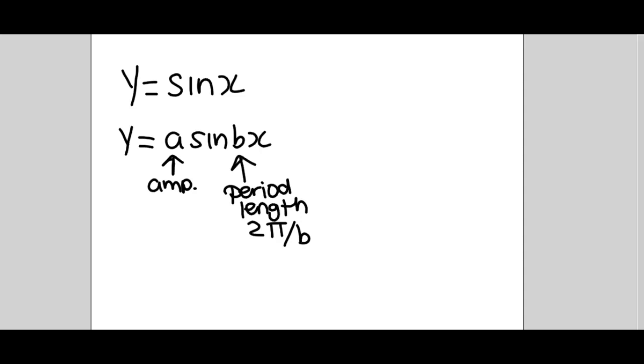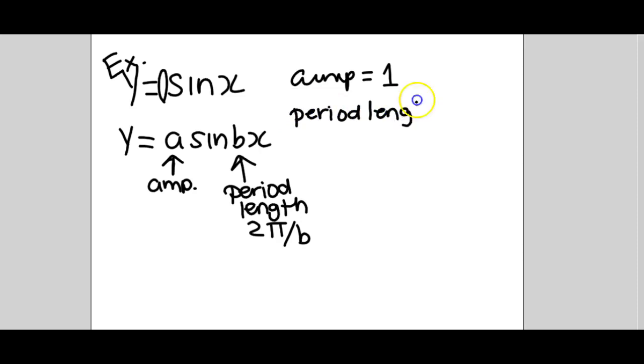So this is example 1. In this situation, our amp would be 1 because that's what's in front of sine. And our period length is going to be 2 pi over 1, which is just 2 pi.